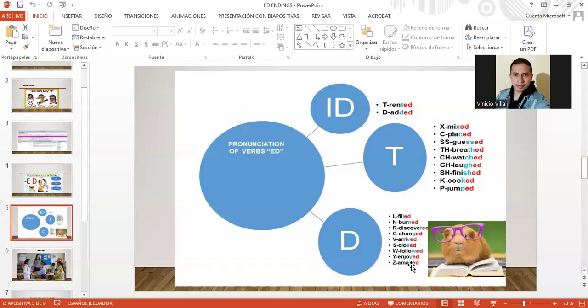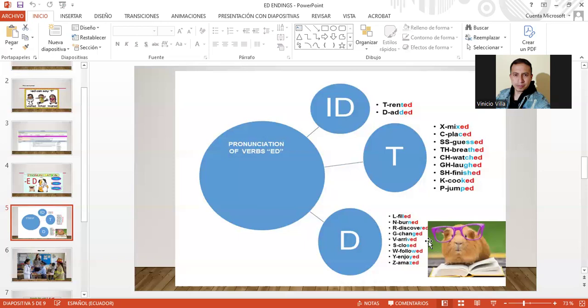For example, O, and they have to touch their throats. Do you have any vibration here? Yes, of course, I do. O, I feel something. I feel a vibration in my throat.